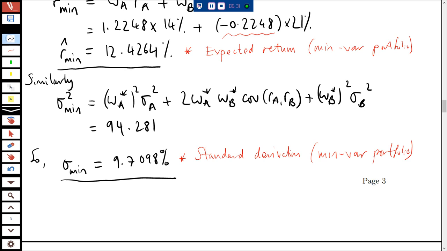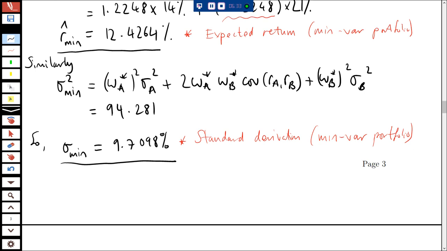And the final part of the question asked us to calculate the coefficient of variation. Well, this is the risk per unit of expected return. Simple calculation. Drop the numbers in.